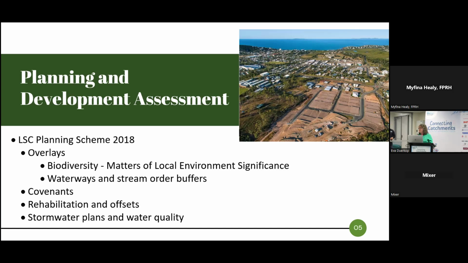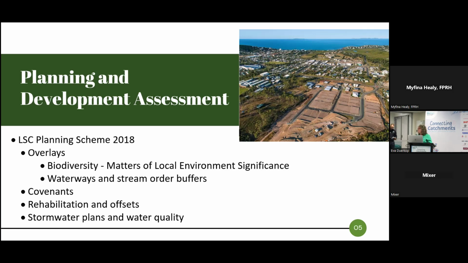And we can put certain conditions in place to try and protect some of those values in the construction process, but also things like covenants to try and look after things in the long term. We don't have an offset policy as part of our planning scheme, but we do try to encourage developers to do on-property offsets.